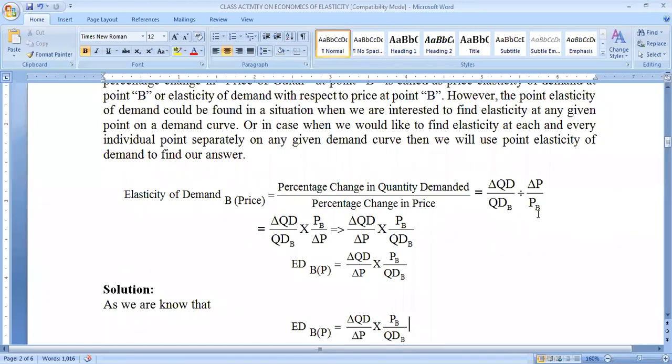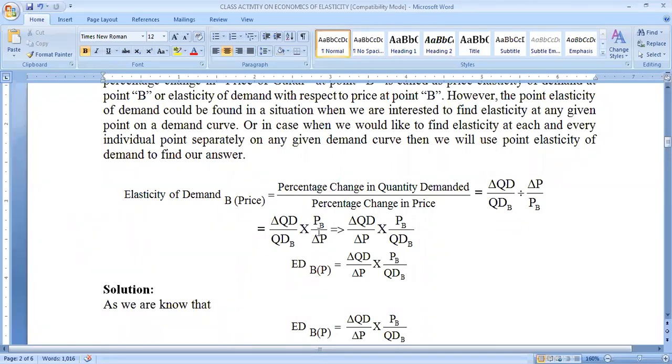By simplifying the formula, the right hand fraction can be changed, like I've already explained in detail, the division sign can be converted into the sign of multiplication. Then the denominator becomes the numerator, and the numerator of the fraction becomes the denominator. So the division sign has been replaced with the multiplication sign.